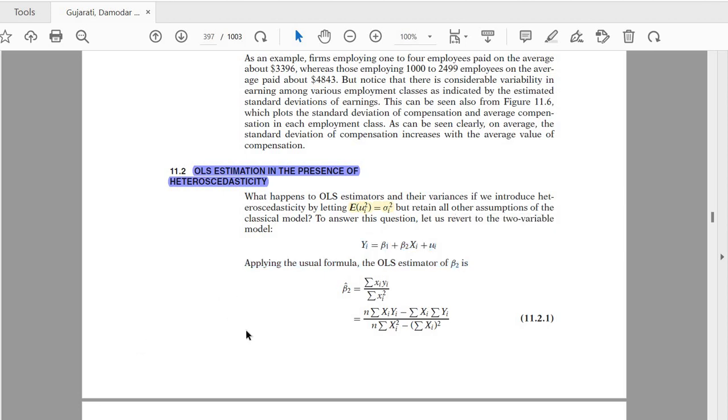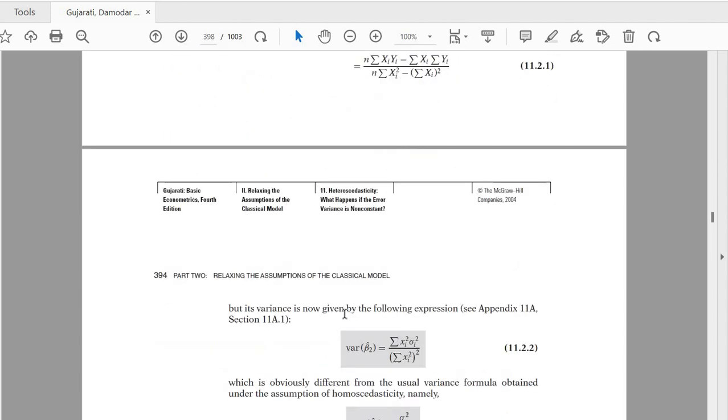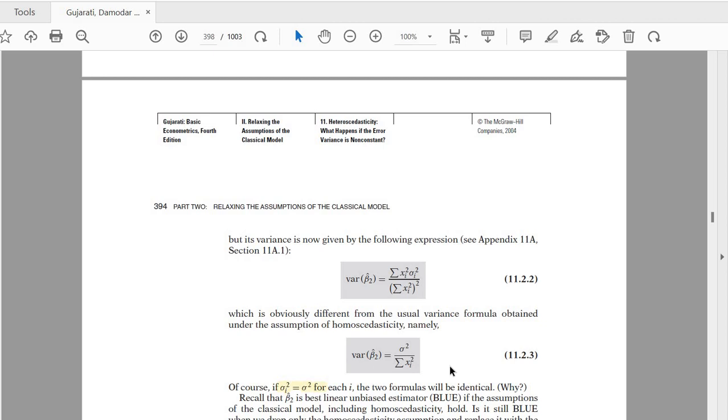So when we come to the formula for calculation of the OLS estimator, the formula for betas is the same, but we come to see the variances. We can see the comparison of variance in case of heteroscedasticity and without hetero. So 11.2.3 is the variance without hetero, and 11.2.2 is the formula with hetero. So you can clearly see that the variance has increased.